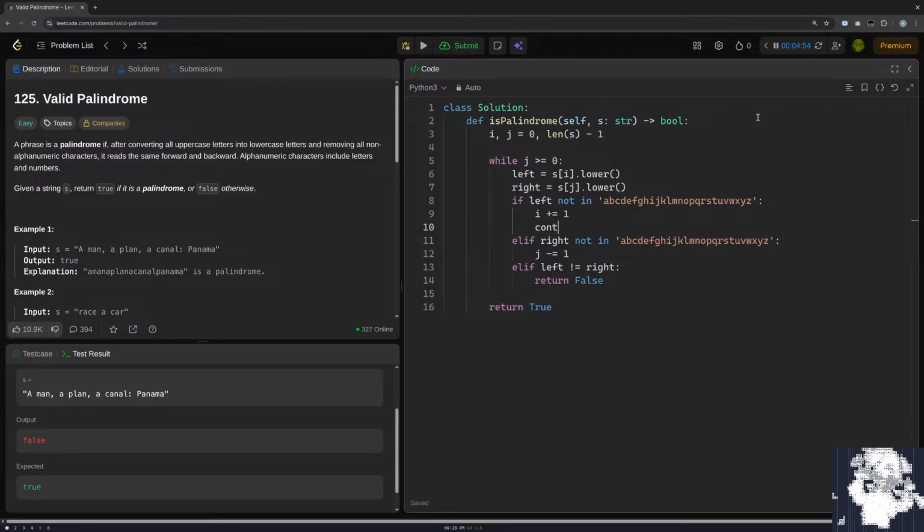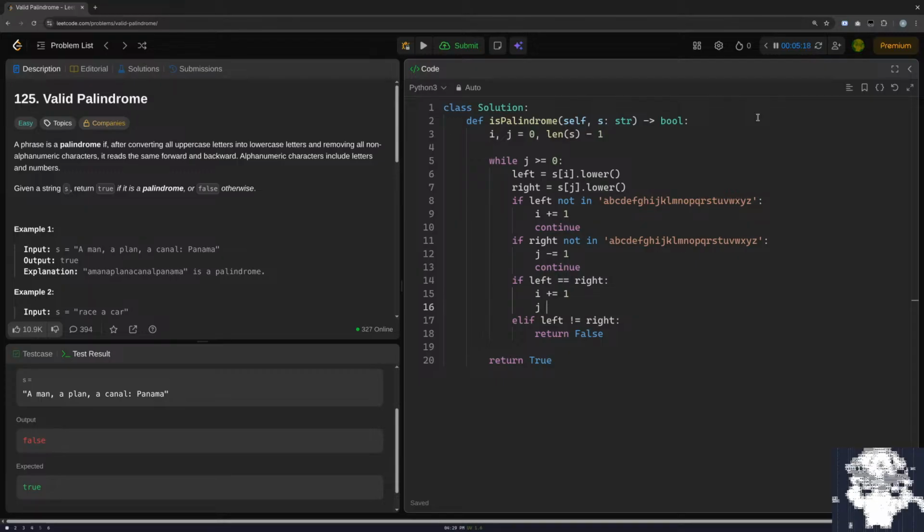No, I do need the continues. So if left equals right, then decrement both, or like increment i and decrement j.